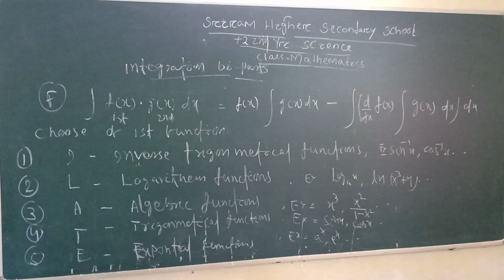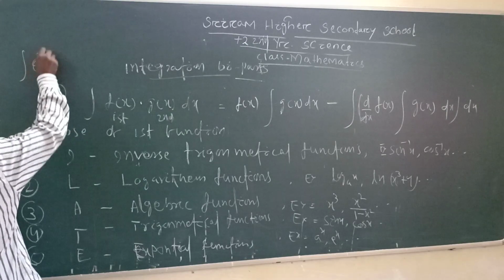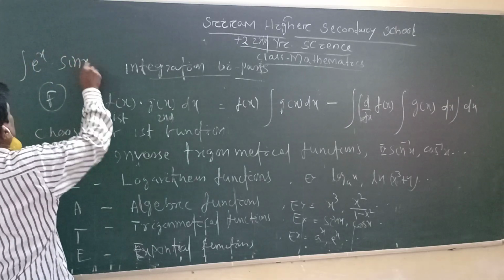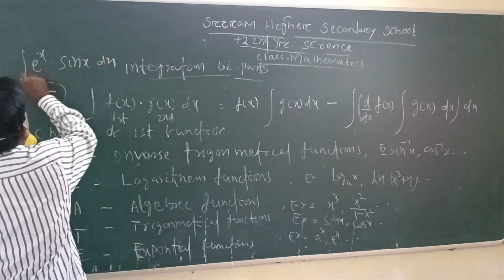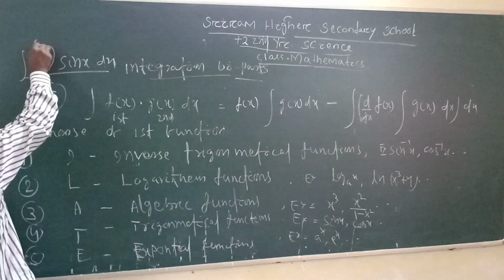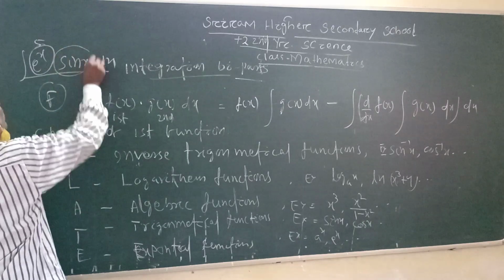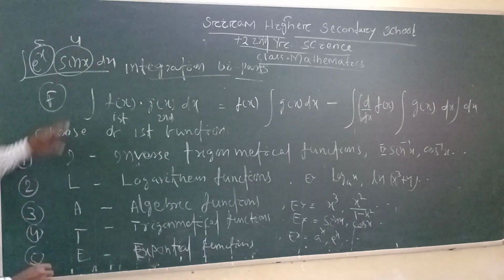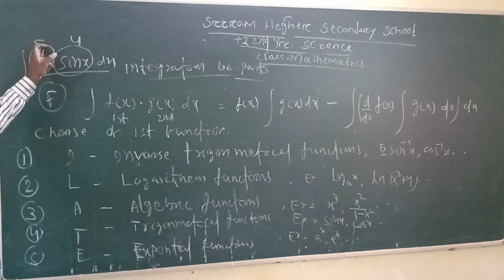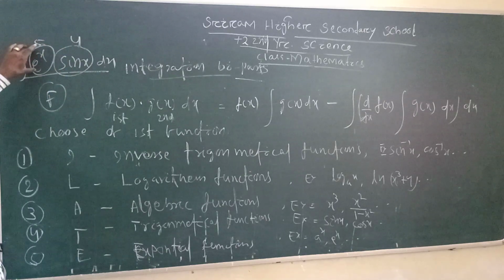Again an example: the integration of e to the x into sin x dx. Here e to the x is an exponential function, number 5, and sin x is a trigonometrical function, number 4. 4 comes before 5, so sin x is the first function and e to the x is the second function.